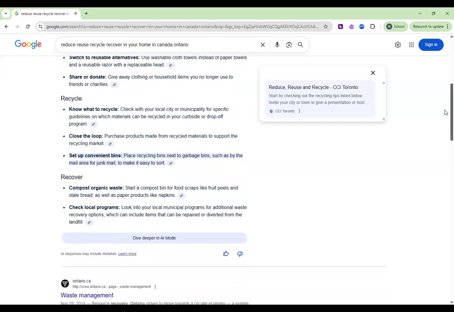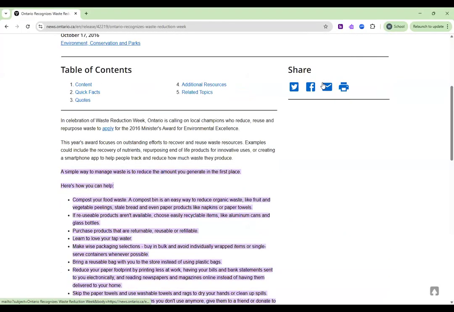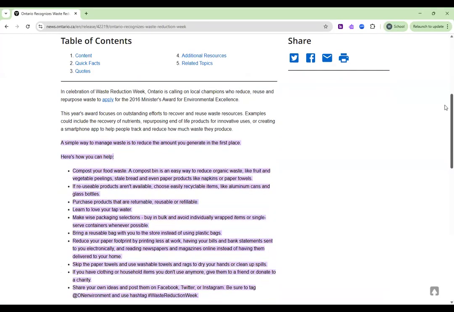Compost organic waste. Right. So composting is a kind of reducing. And it says here on the website we're on about composting that a simple way to manage waste is to reduce the amount you generate in the first place.